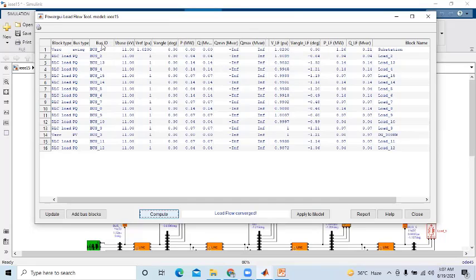So if we go with the base value, the voltage base is taken as 11 kV, and V reference is taken as 1 per unit. The real and reactive power and Q minimum and Q maximum are being considered.